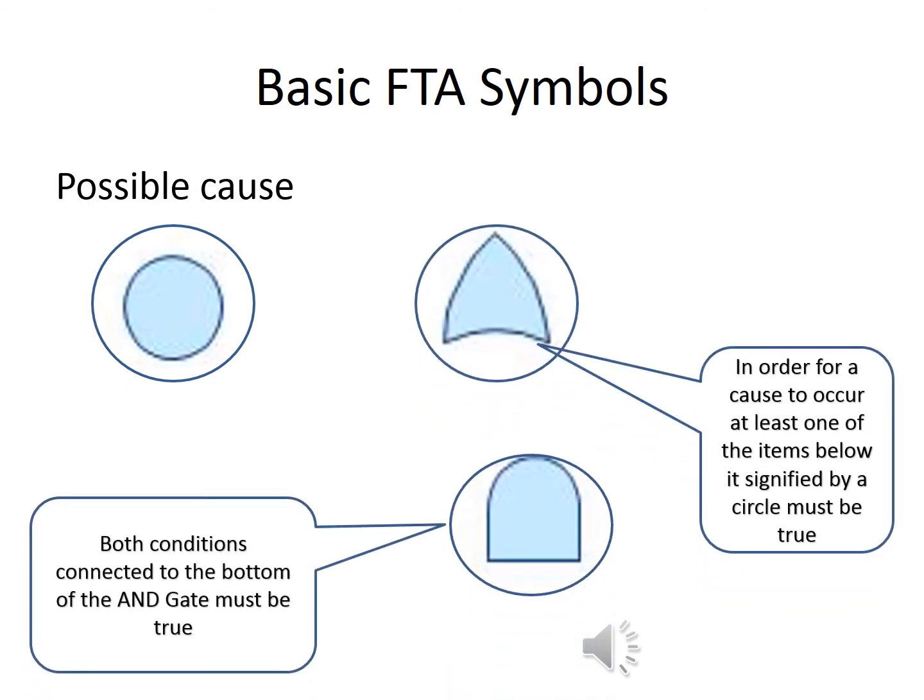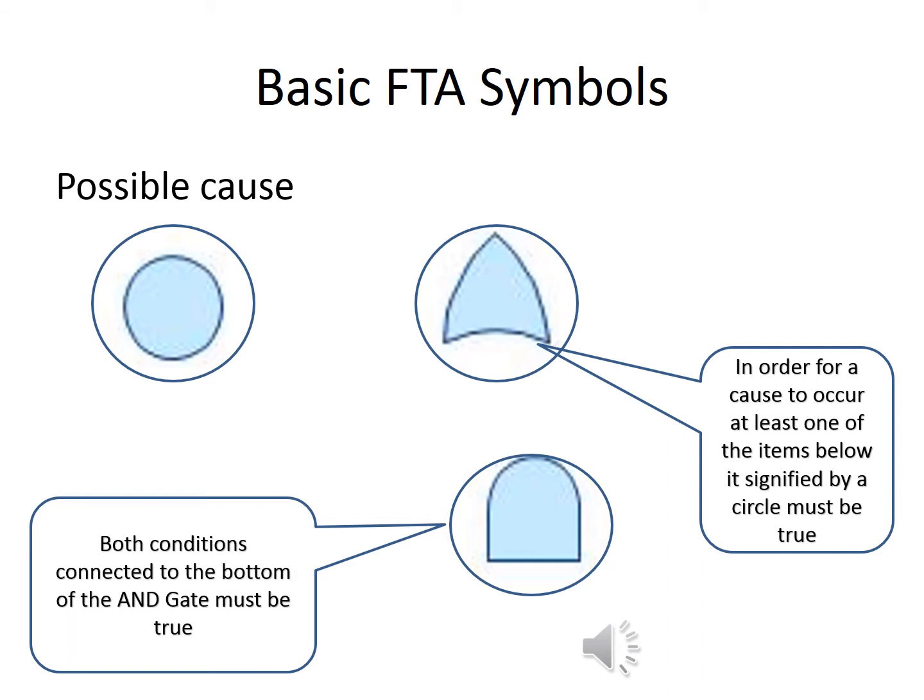The symbols are the circle, the umbrella-shaped symbol with a curved lower edge, and the umbrella symbol with a straight lower edge. The circle represents a possible cause for the problem, which is always at the top of the diagram, or a fault in the AND gate.